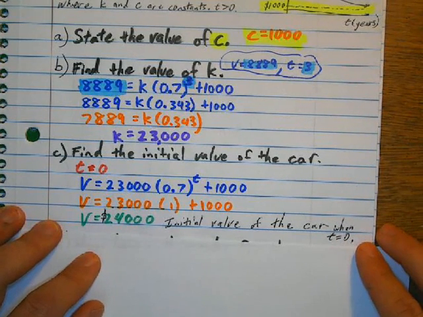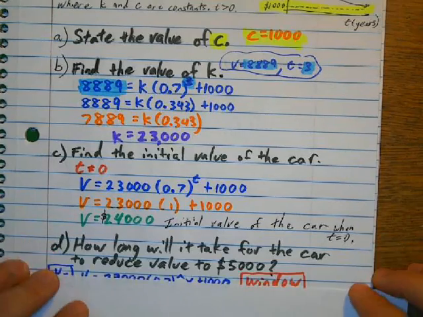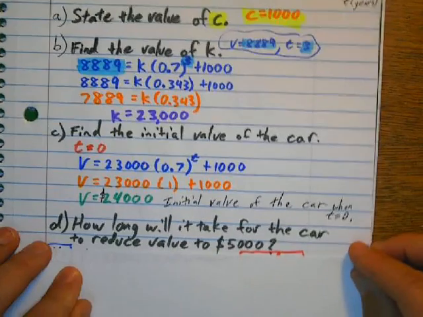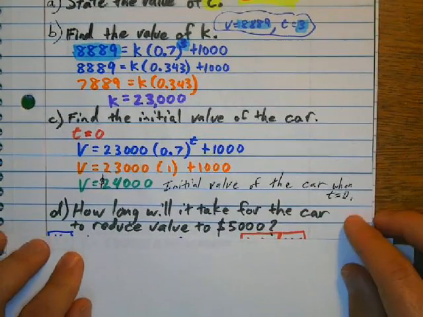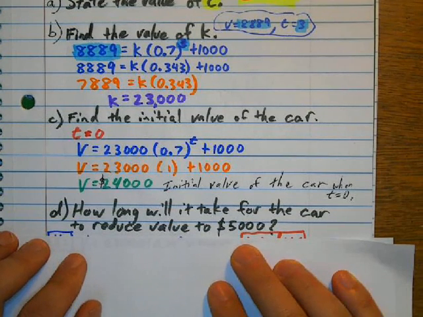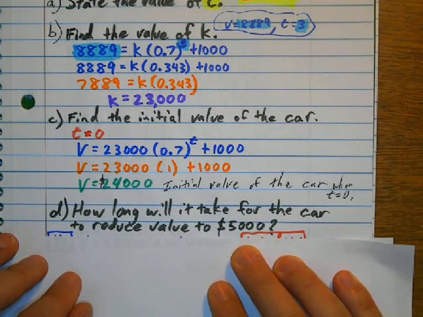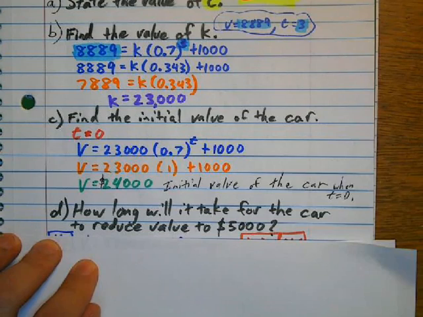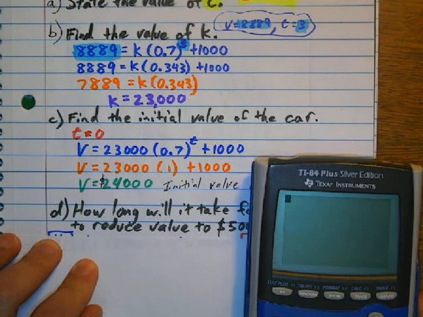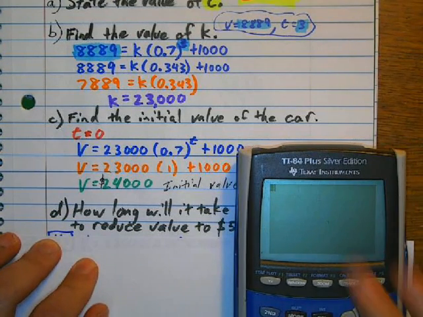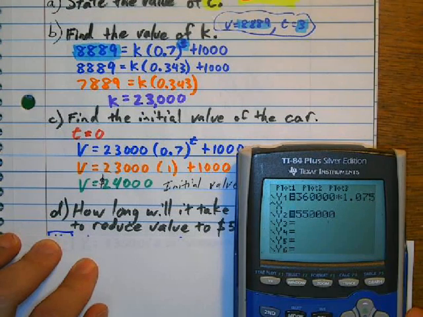Okay, all right. So now the next question is, how long will it take for the car to have a final value of only $5,000? So what I'm going to do is like I did in the previous example, where I hit y equals. I'm going to type in my equations.